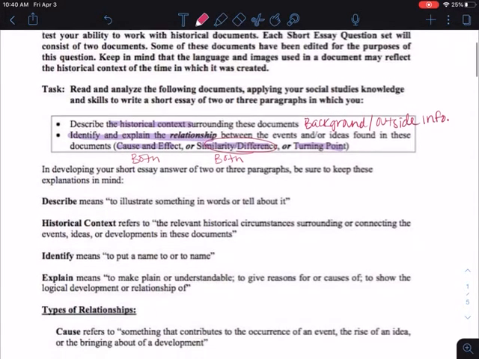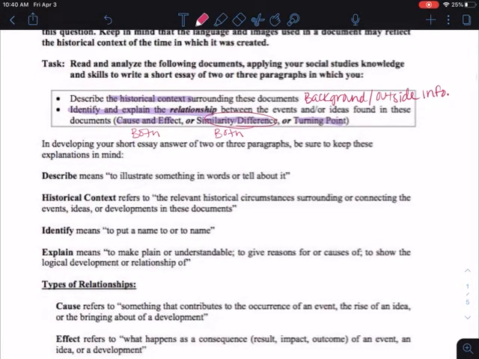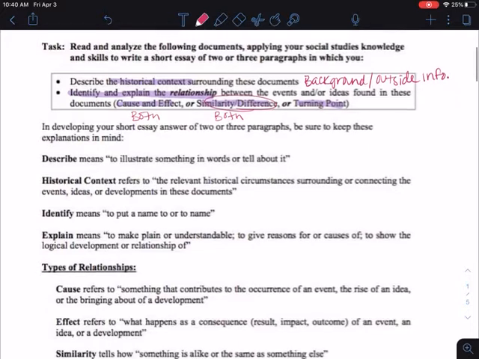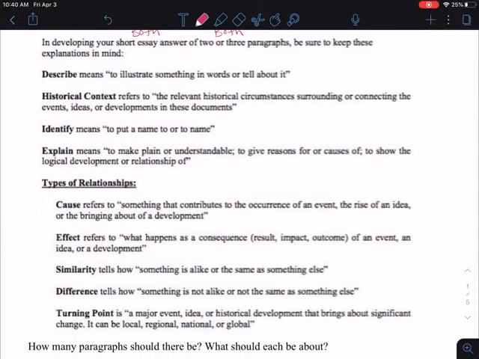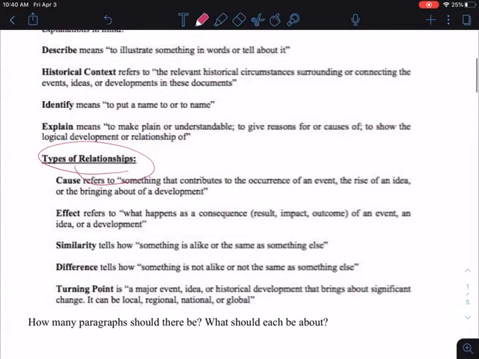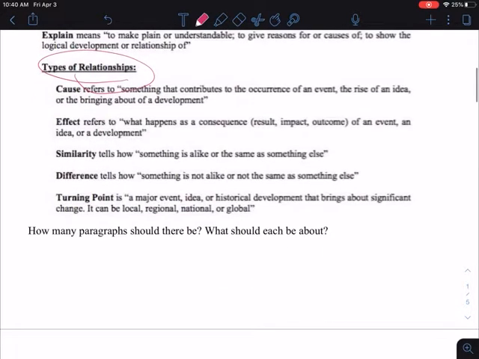Okay, and I won't torture you, but you know that these definitions are here in case you want them. If there's something that you need clarification on, then you go ahead and read through these. When you go to pick a relationship, maybe you want to go to types of relationship and see what they mean. Make sure it checks through with what you've chosen.